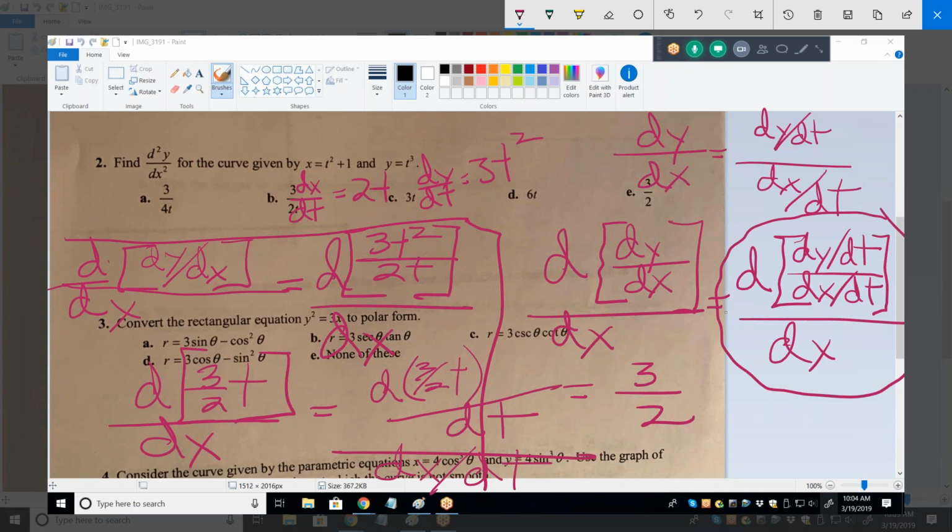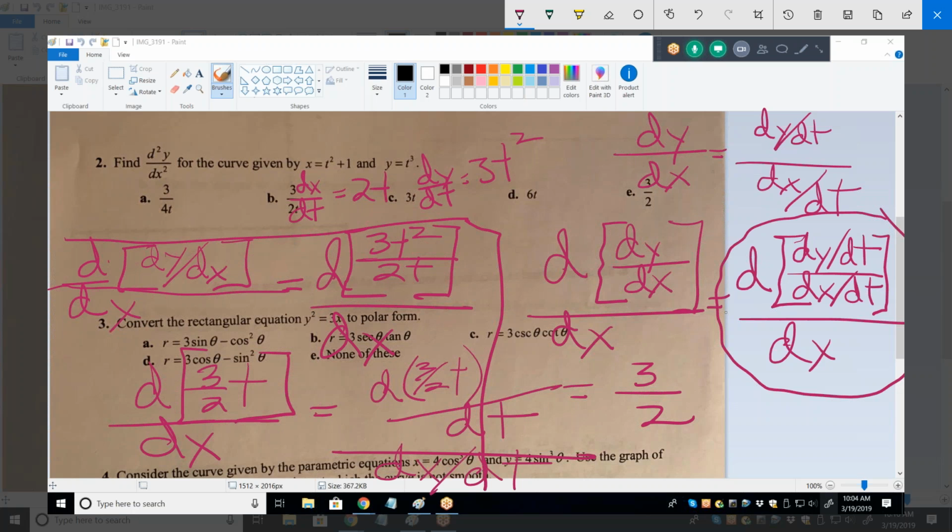I'm confused on why we're dividing it by that. Yeah, I think I made a mistake here when I did it earlier. Hold on a second. Let me look at this. So dy/dx is 3/2 t. And then we're going to take the derivative of 3/2 t, but with respect to x.